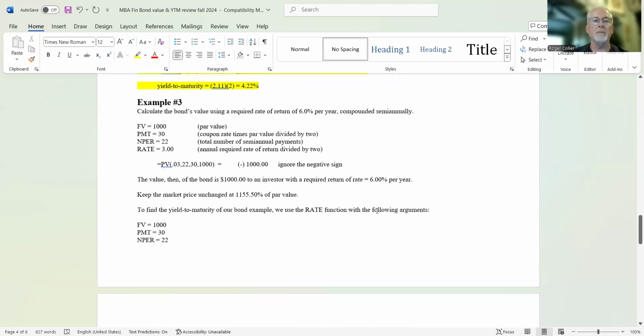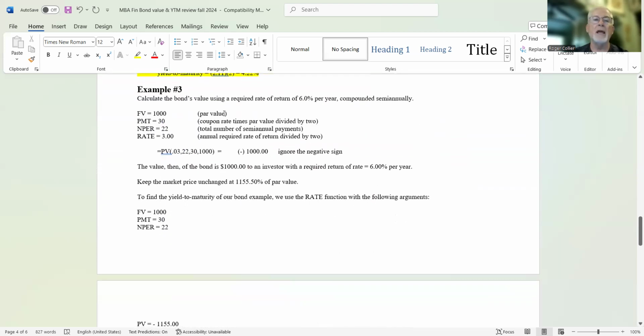And one more example. In this example, same bond, same coupon rate, same payment schedule, same maturity, same par value. Only now let's change the required rate of return to 6%. Right? First, we did it with 4.5% required return. Then we did it with 8% required return.